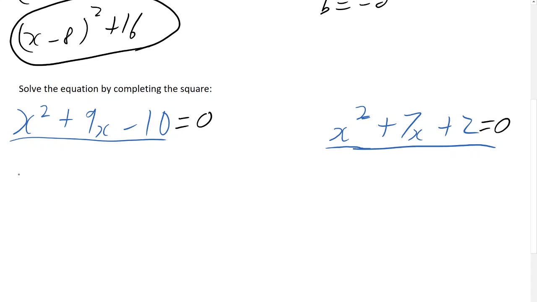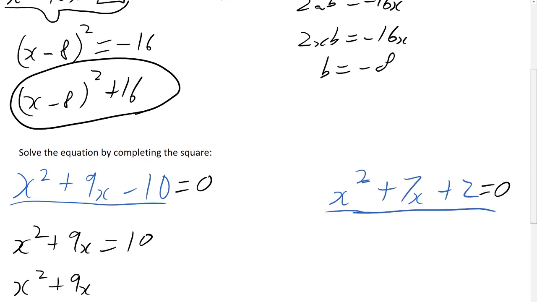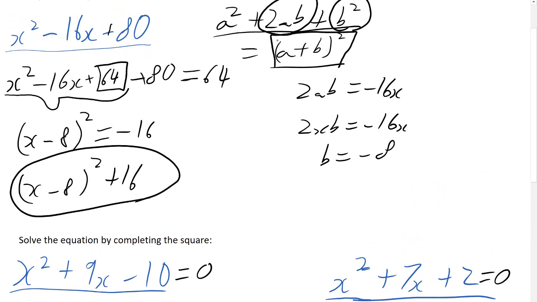So same thing, we take x squared plus 9x, and it's usually better to move the 10 over to the other side because then it's easier to focus on this. So we have x squared plus 9x.